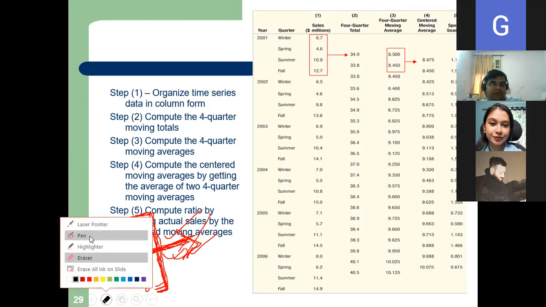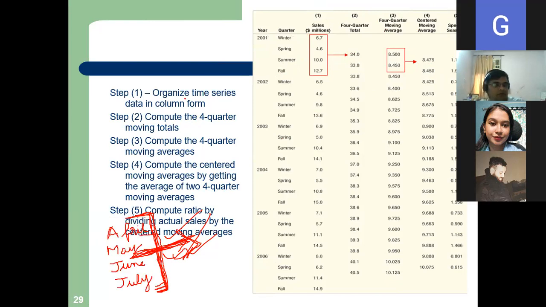Let me just quickly recap what we have done. So this is my data, the actual sales data. Okay, column 1. Column 2, we take the 4-quarter total. Column 3, we take the 4-quarter moving average.